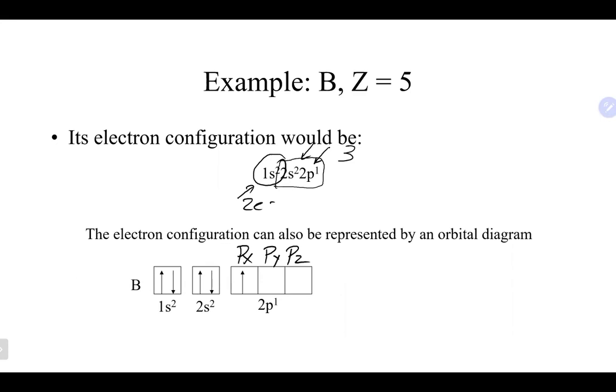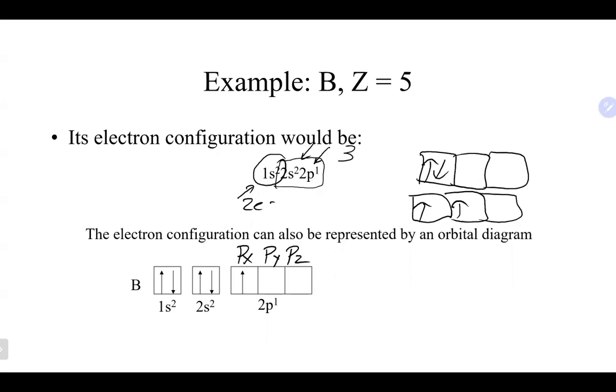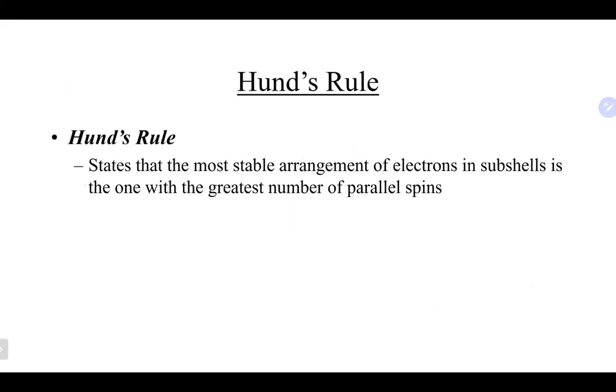We now run into another important aspect of this, which is, where do I go with my next electron? I have a couple of options. I could, with my next electron in that 2p, end up pairing it off. I could not pair it off and go next door. And there actually is a rule that tells you which way you should do it, and it is not the pairing way. The rule that tells us what we should do is referred to as Hund's rule.